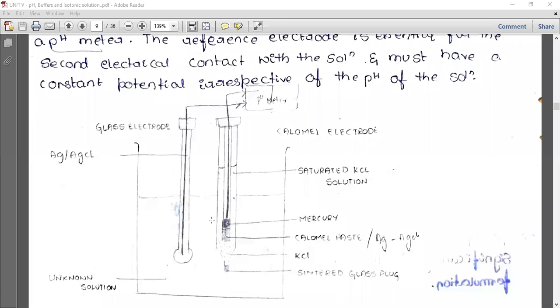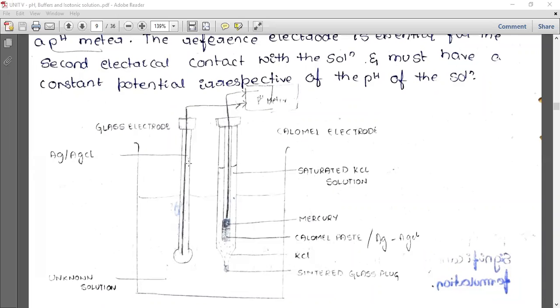The indicator electrode is also known as the glass electrode, which you can see is made up of a special type of glass, made from lithium or rubidium oxides, cesium, such metals.